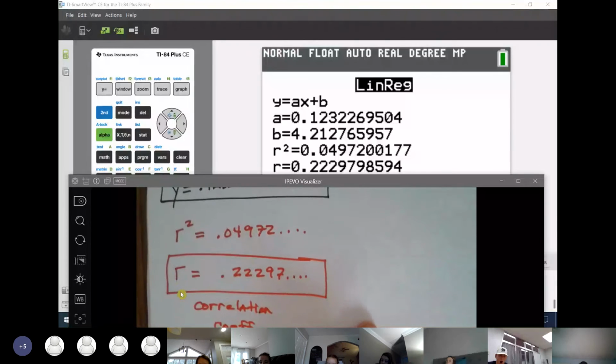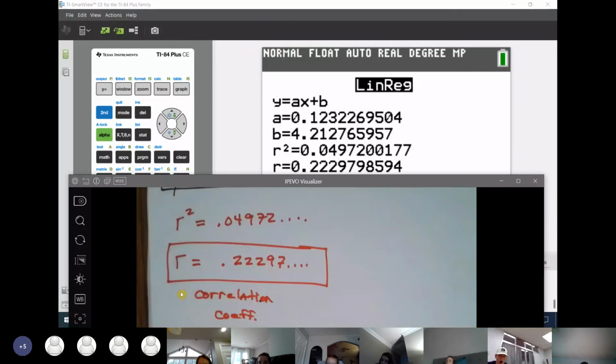That's called the correlation coefficient. Write that down because that's going to be a test question. All this on this page right here is going to be a test question. Correlation coefficient. Can anybody tell me what the correlation coefficient says? What is it? Anybody want to take a stab at it?